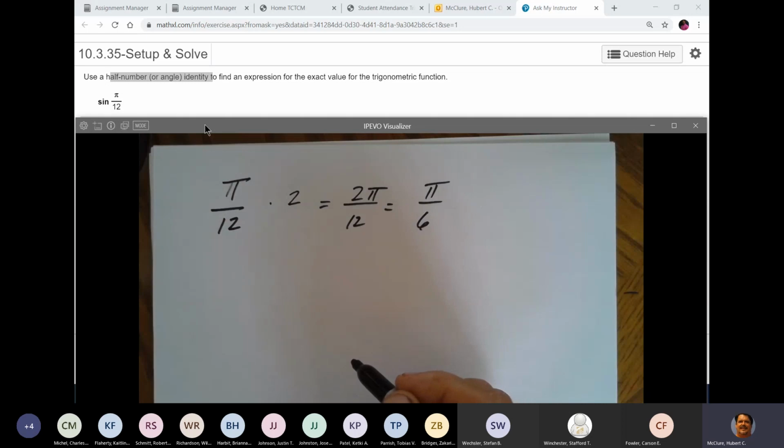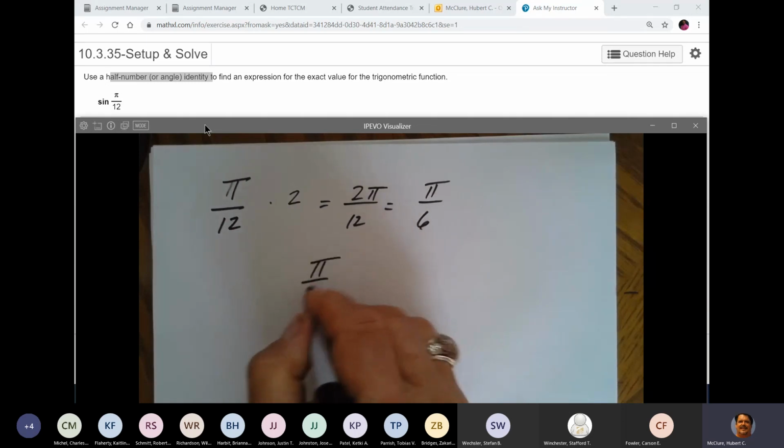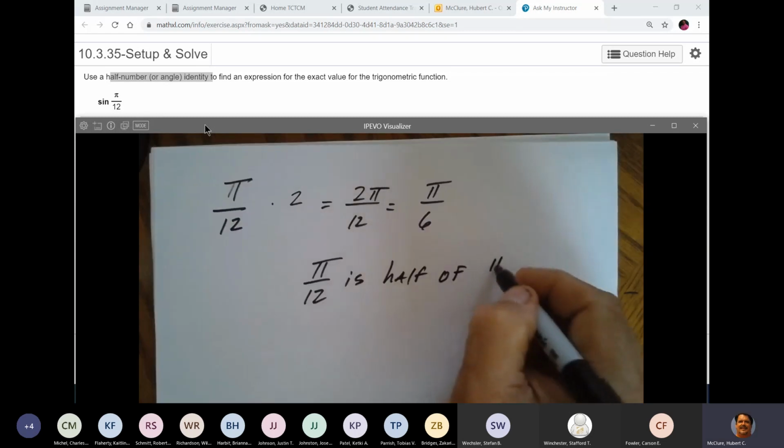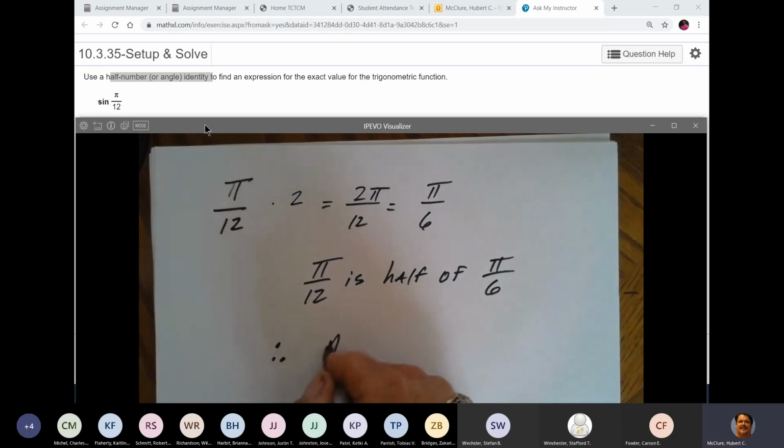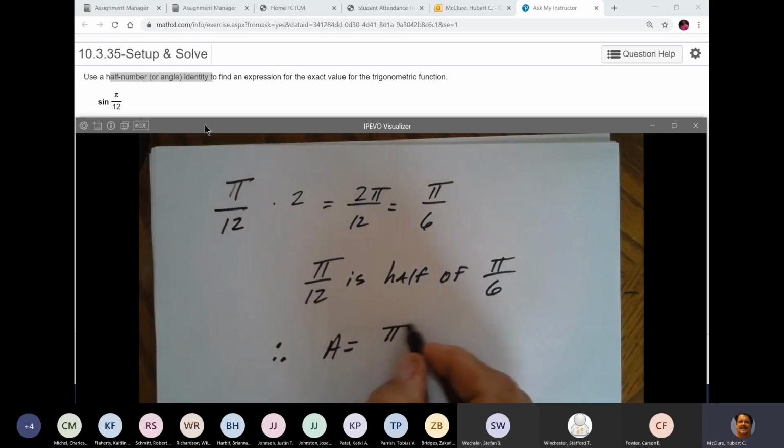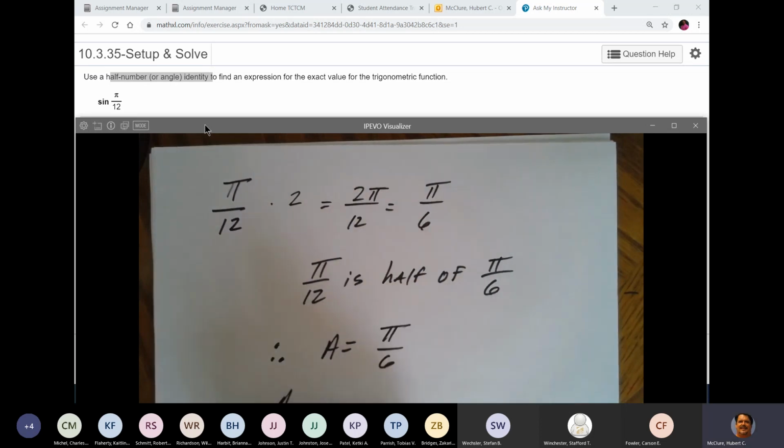So now you can say pi over 12 is half of pi over 6. Therefore, A is equal to pi over 6, and A over 2 is equal to pi over 12.